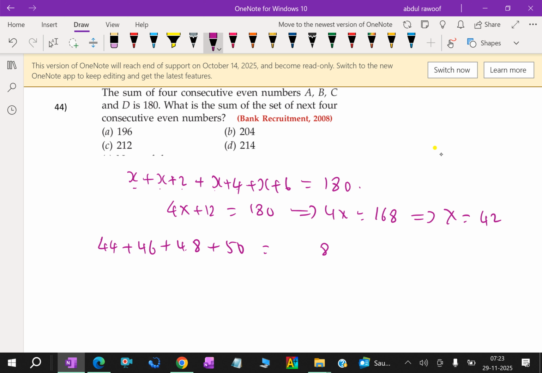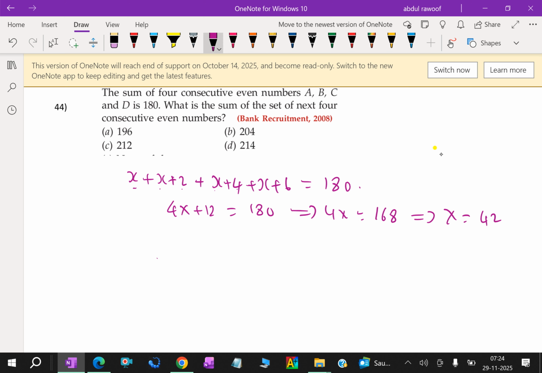What are the numbers here? 44, 46, 48. Then here. The next is from the 48. We have some wrong here.